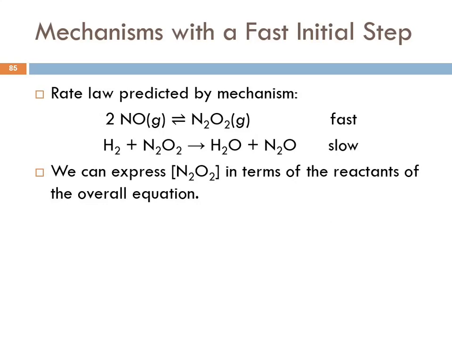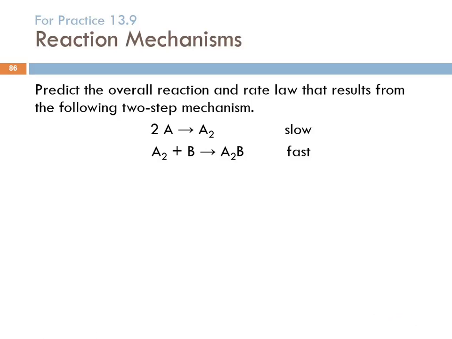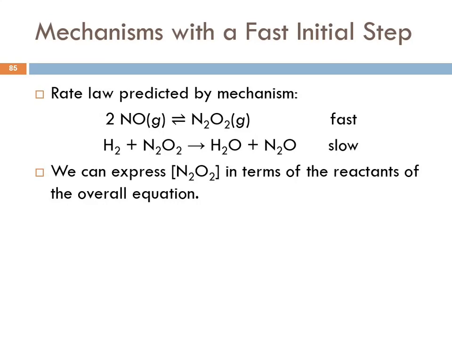So if we look at this slow step right here, what's the rate law that we would predict? Oh, wrong way. I'm in the right place now. The rate should equal k times what? H2 and N2O2.